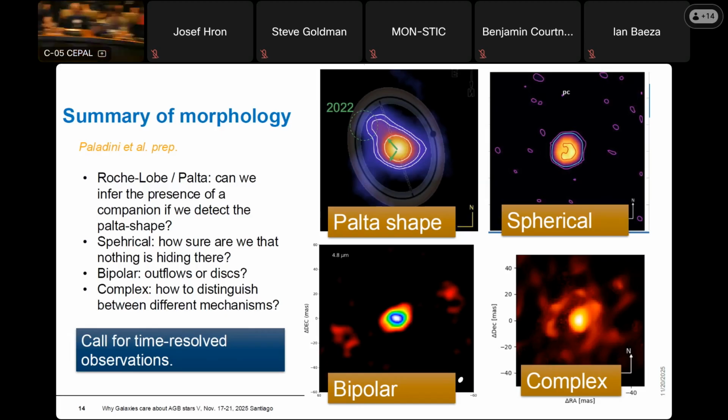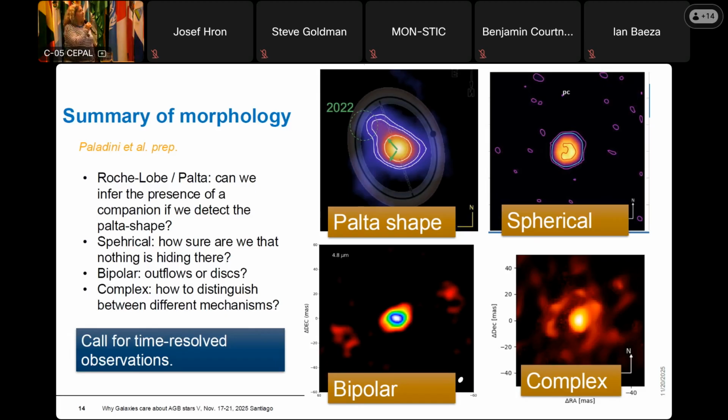Oh, yes, go ahead. Yeah, so this is not an online question, but a question from myself. I was wondering if there's any relation on where on the AGB is with respect to these shapes that you find. Do we know the evolutionary states? Okay, so some of these stars, we have semi-regulars and Miras. So what you see here, I think V Hydra is a Mira. Do I remember correctly?